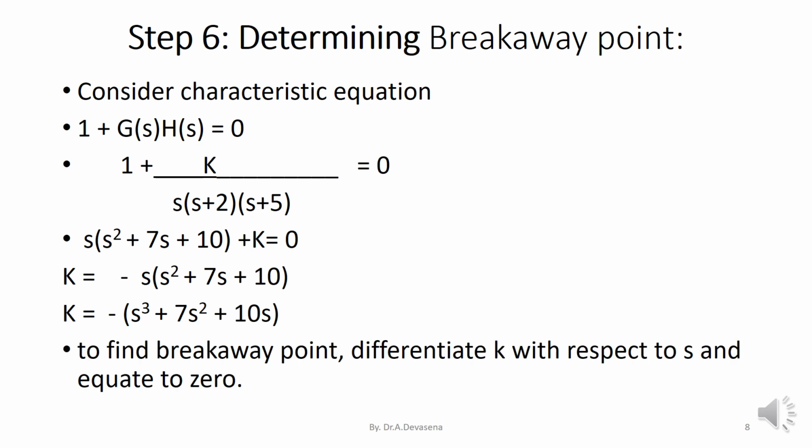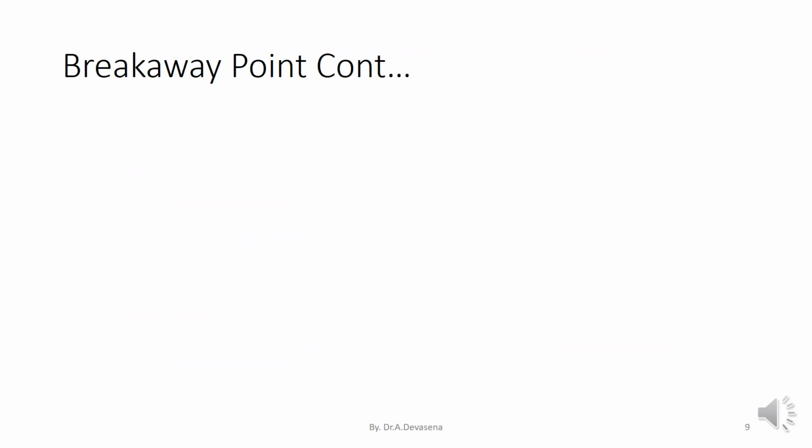In order to determine the breakaway point, we have to differentiate the k value with respect to the s and we have to equate this to 0. K is equal to minus of s cube plus 7s square plus 10s. We have to differentiate this k value with respect to the s and we have to equate this dk by ds is equal to 0.